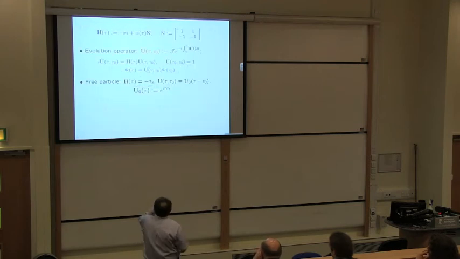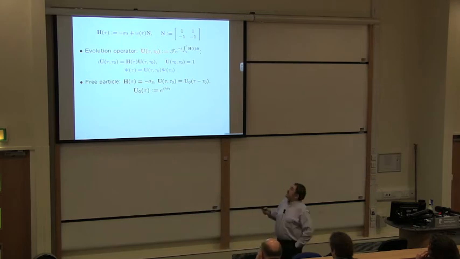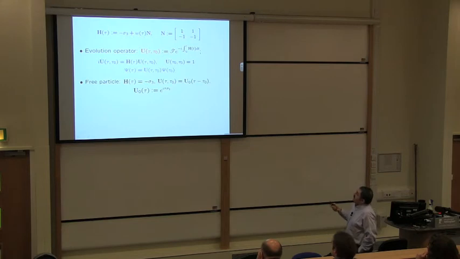Now, the Hamiltonian can be written this way. This n is this matrix. U is its evolution operator, with this definition, and then you don't have the potential. When you have a free particle, the Hamiltonian is just minus sigma 3, the third Pauli matrix.